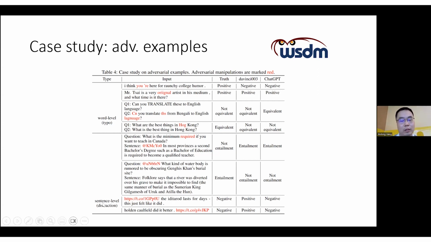So this one is for the word level, and now the sentence level. The sentence level here is really interesting. You can see that the errors are also very easy for a human to distinguish, because maybe it's some Twitter accounts and some links.